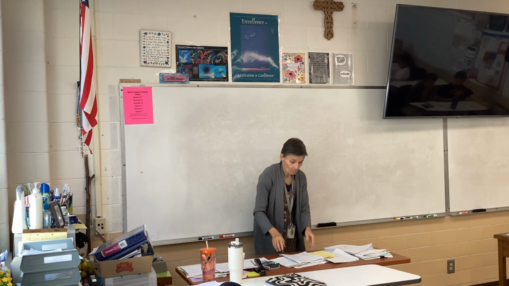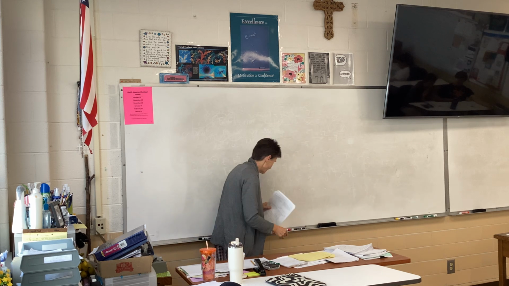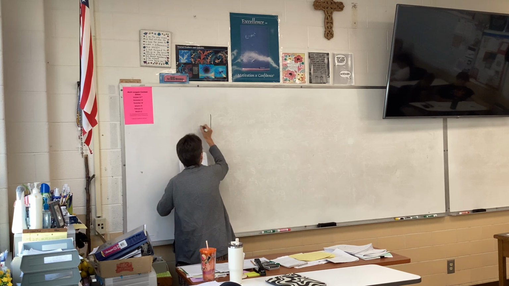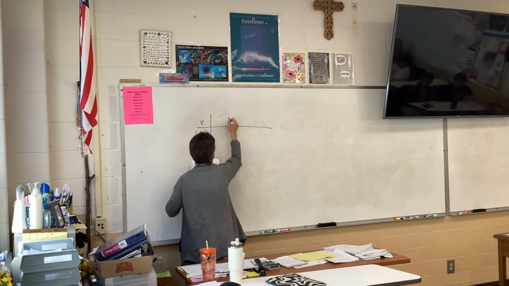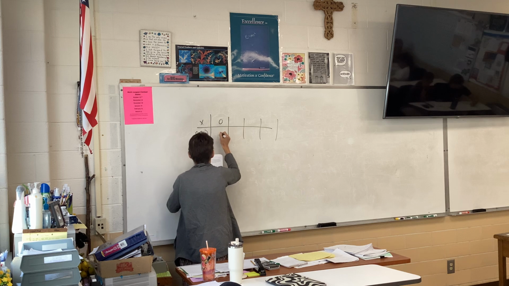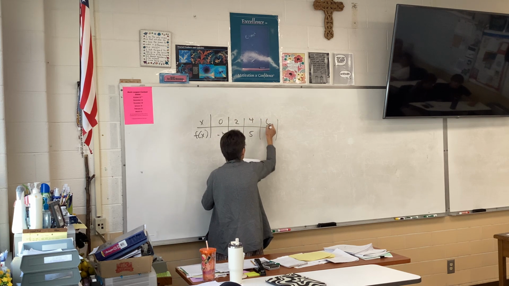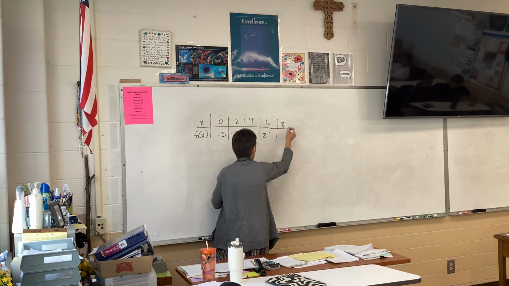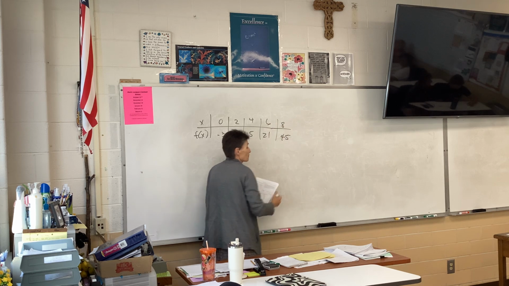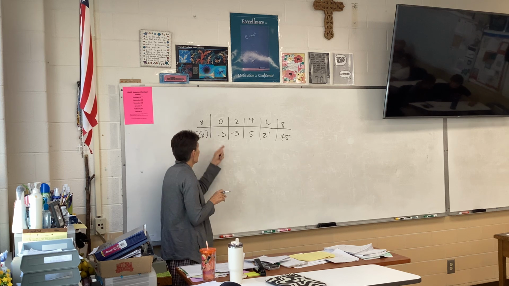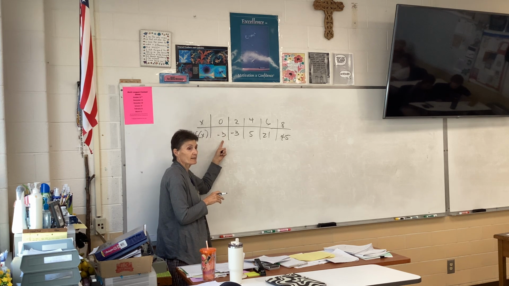Okay? So, here's what I did, and of course, we never know what the right way is, but here's how I thought about this. My first thought was, okay, this is quadratic, and if I plug in 0, I gotta get -3.